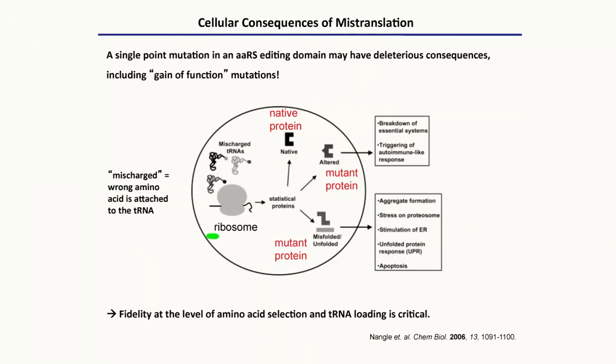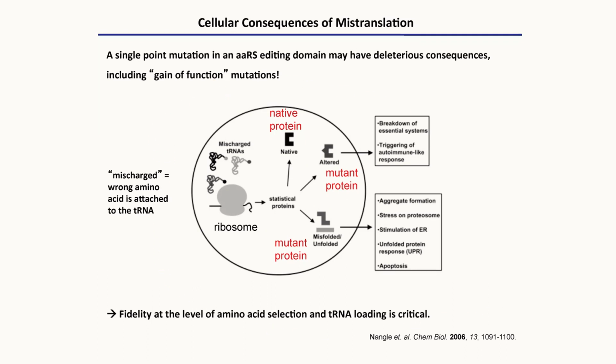So just imagine that some mischarged tRNAs, where mischarged means the wrong amino acid is attached, are around because of some mutant aaRS. And these tRNAs that are mischarged can be delivered to the ribosome, which means that point mutations form within synthesized polypeptide change. So there's some mixture where some of these proteins are native and others are mutant.